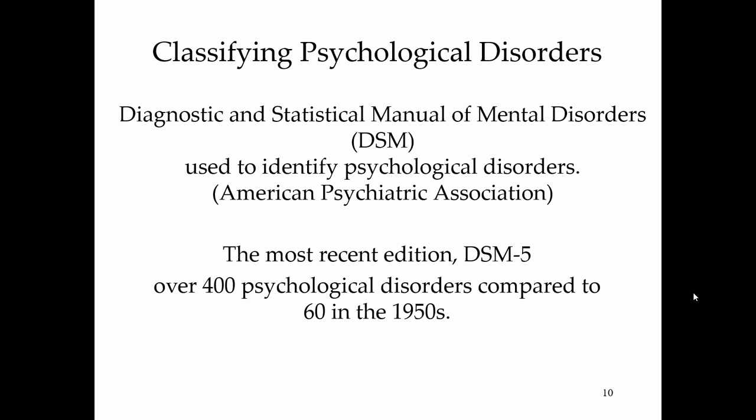The main reason that we have many more disorders listed is they are becoming more precise in defining that disorder. And so what might have been one disorder 50 years ago has now become a dozen different, more limited disorders. So that gives the diagnosis a good deal more precision.